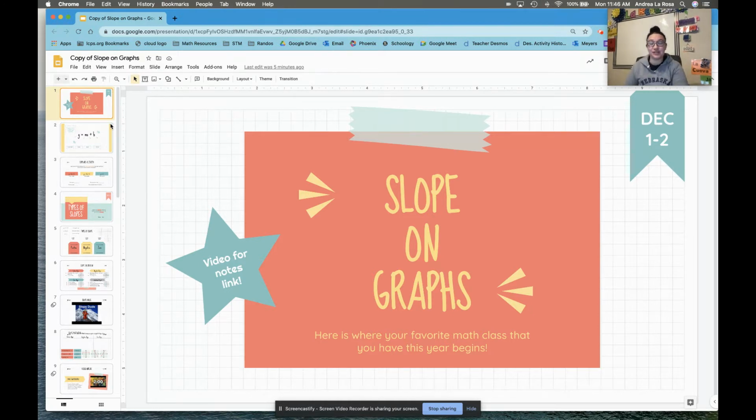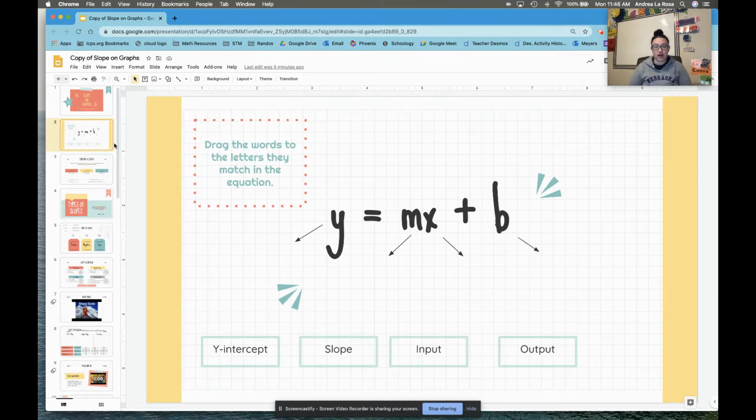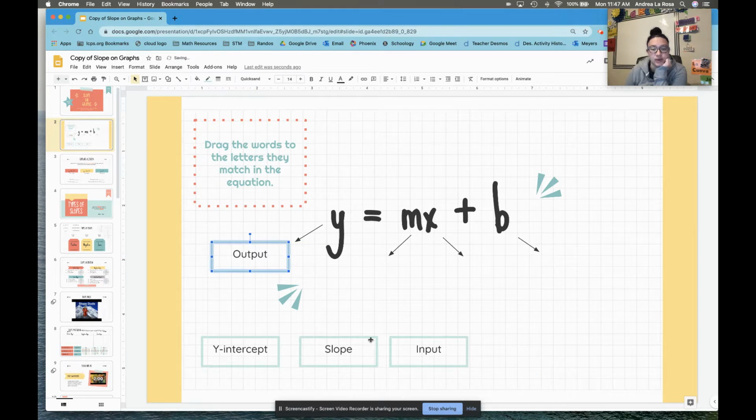All right, so today we're starting calculating slope. Today we are calculating slope on graphs. So for a quick review, remember our equation this year is going to be in the form y equals mx plus b. But what do those things mean? My y, remember, is my output.